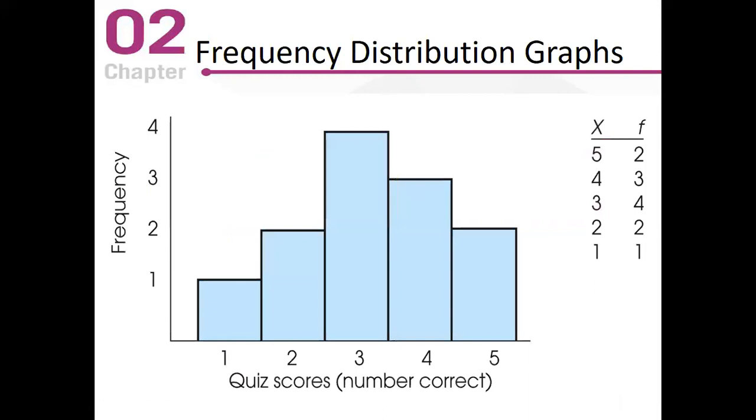The lower real limit of 2 is 1.5, and the upper real limit is 2.5. So when we graph continuous numerical data, we have to make sure that we are graphing with the real limits in mind. Basically the minus .5 below and plus .5 above. Now these bars are all connected because this is a continuous numerical variable.